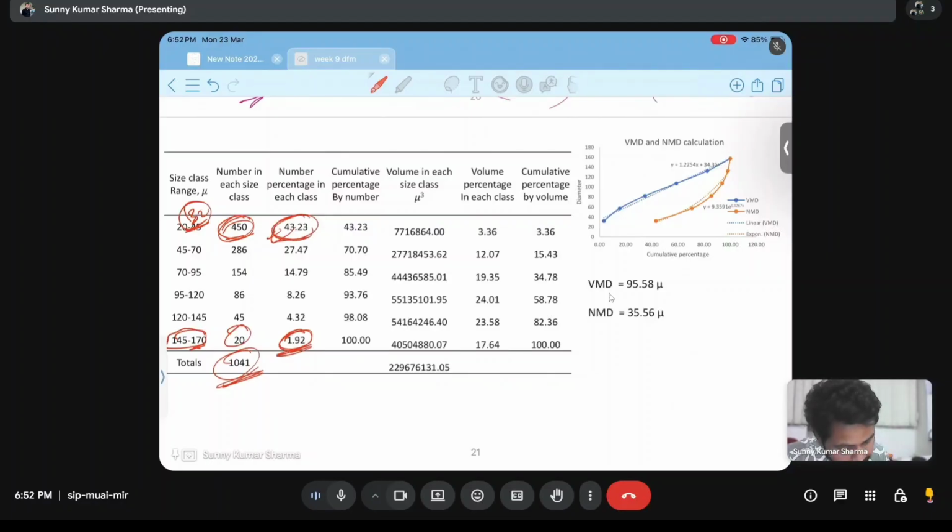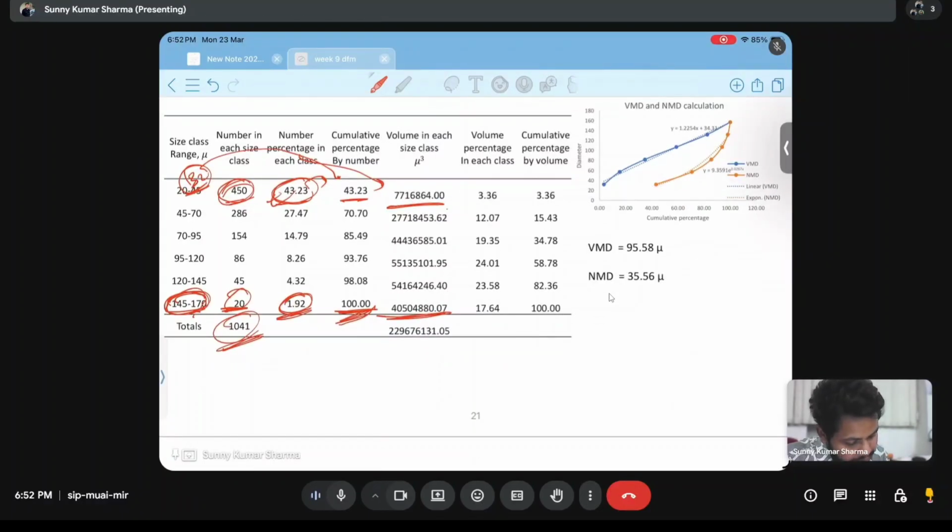So we will now do in 80%, means 43, and this 20, this diameter range will become 100%. Means total 100% of droplets will come, and volume in each class is for 32 diameter. For 32 diameter, the total volume is this much, and for this range, this is the total volume.